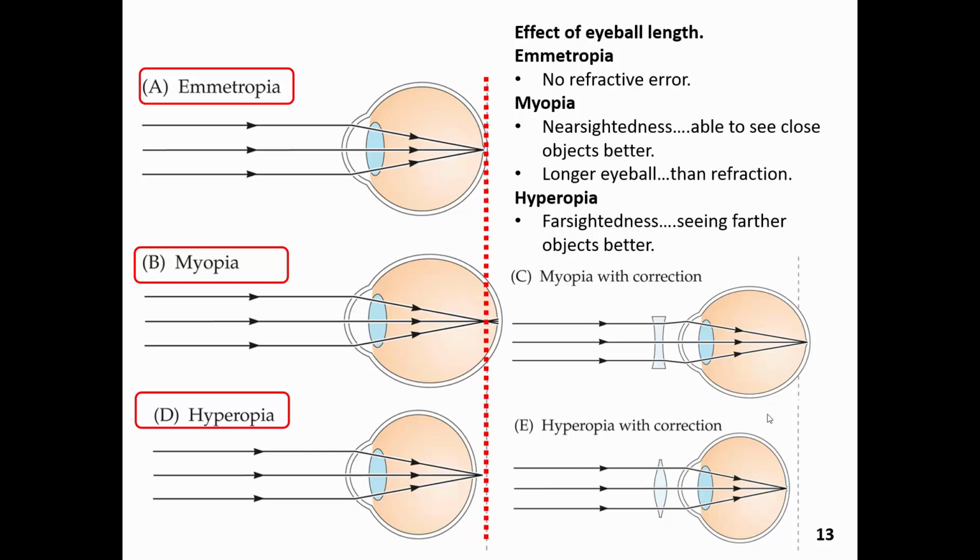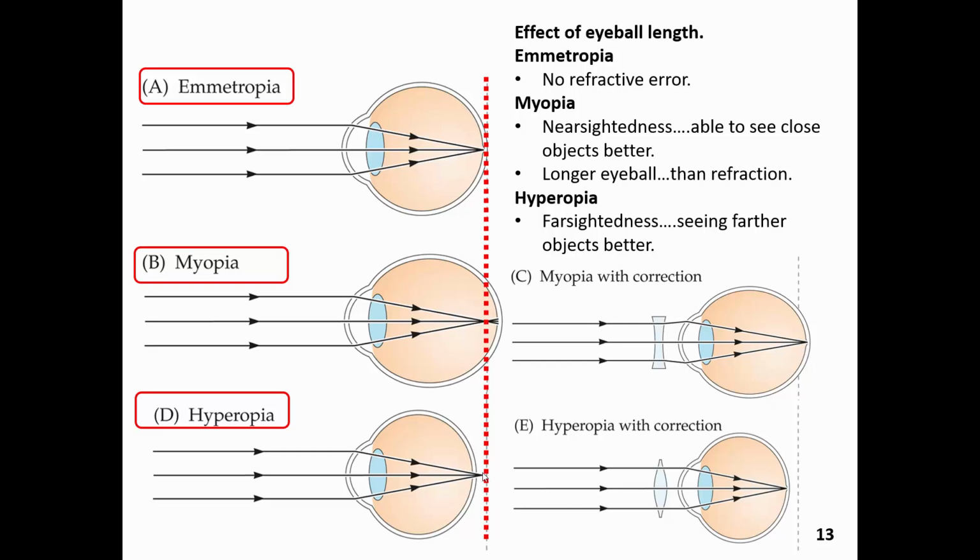And the right-hand side here illustrates the myopic and hyperopic eyeballs, the longer eyeball, the shorter eyeball, and how different types of corrective lenses are used to refocus the light so that they will converge to the optimal point at the back of the eyeball or on the retina.